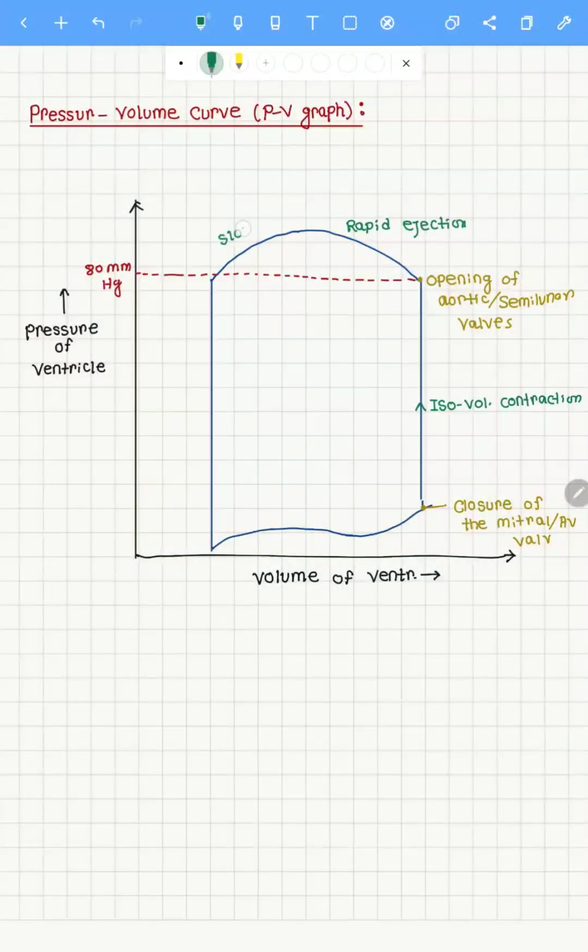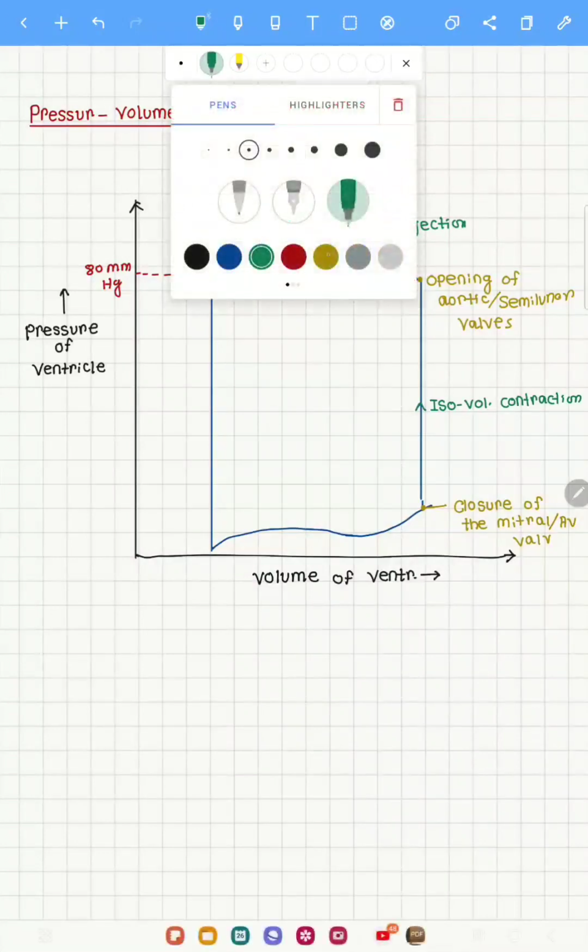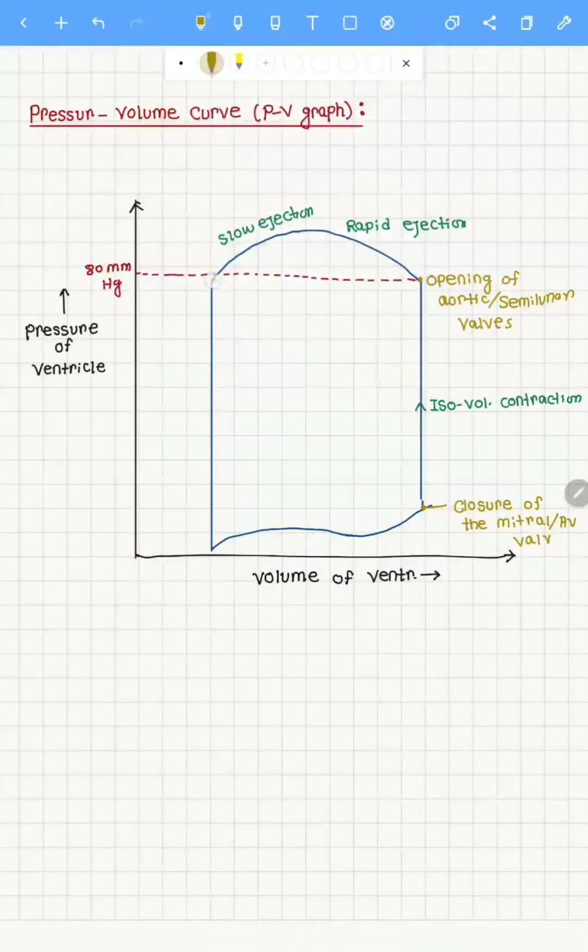And this is slow ejection. This point marks the closure of semilunar valves.